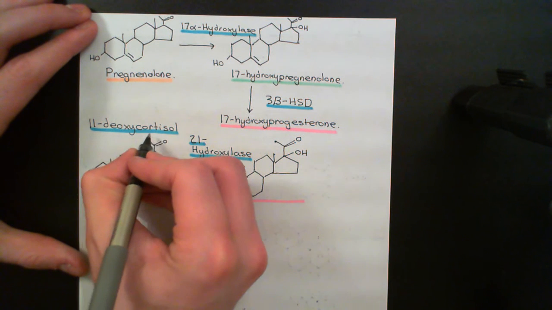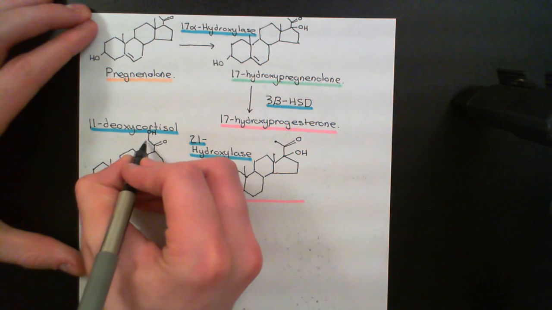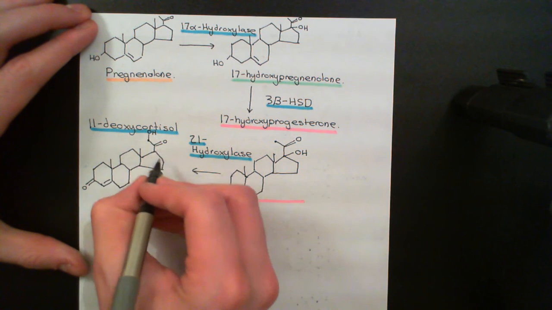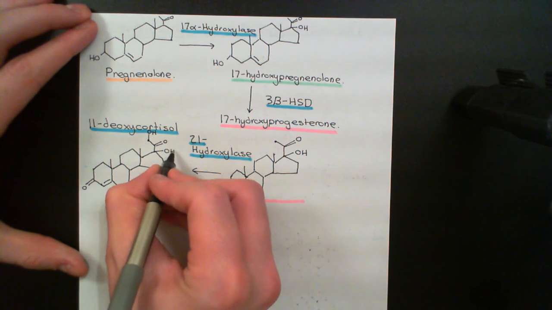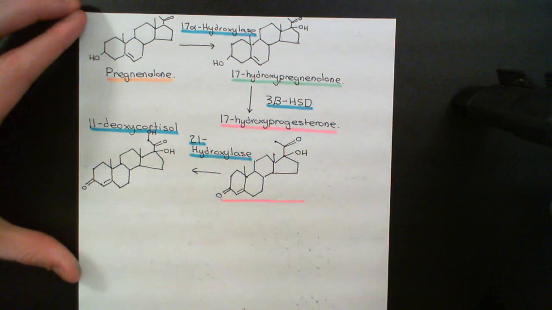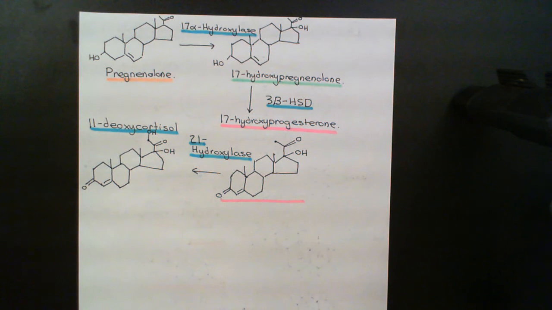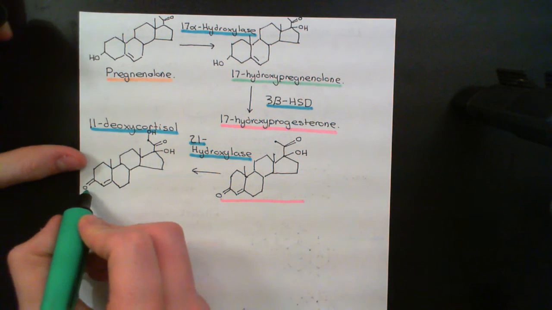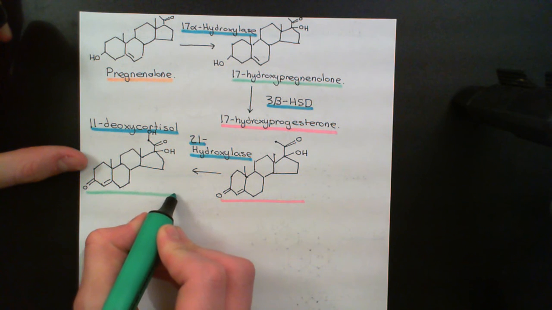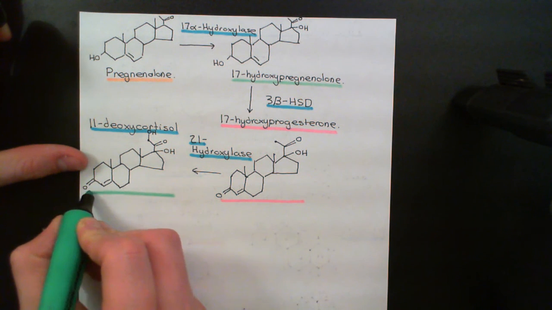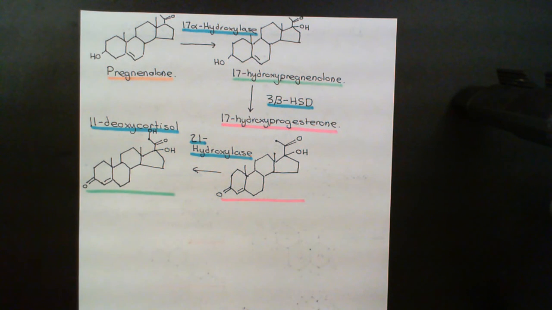We're going to have an alcohol group in addition coming off carbon-21. So here's carbon-21, here's the alcohol group. Don't forget the alcohol group that also comes off carbon-17 there that was put in by 17-alpha-hydroxylase. Okay, so 21-hydroxylase has converted our 17-hydroxyprogesterone into 11-deoxycortisol, and we're getting very close now.